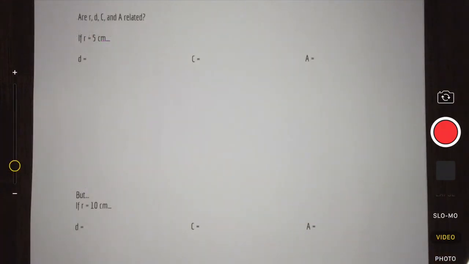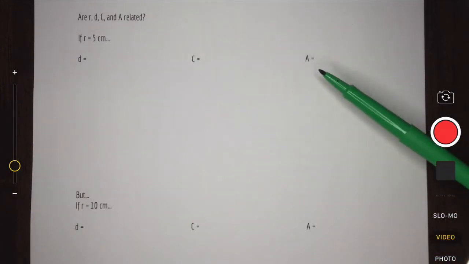All right, the next thing we want to do is to take a quick look at how diameter, radius, circumference, and area are actually related to each other. So in a moment, what I'd like you to do is, using the measurement of, for the first set of calculations, radius equals 5 centimeters, you're going to figure out the diameter, the circumference, and the area of a circle that would have a radius of 5.